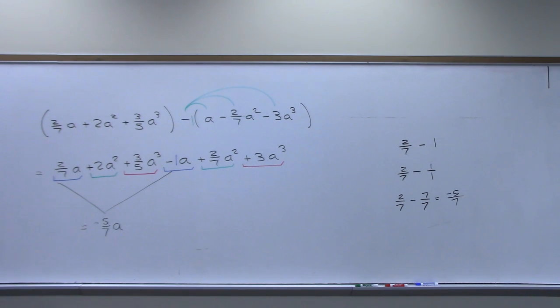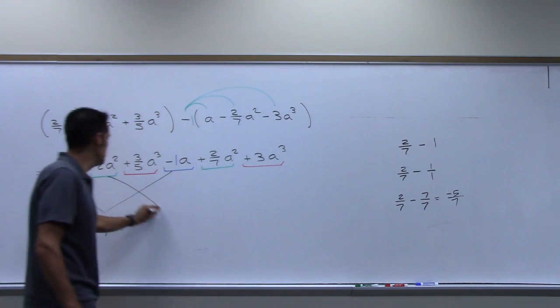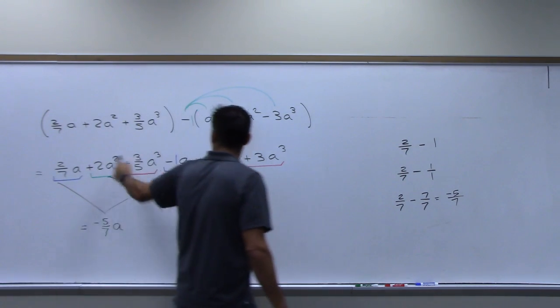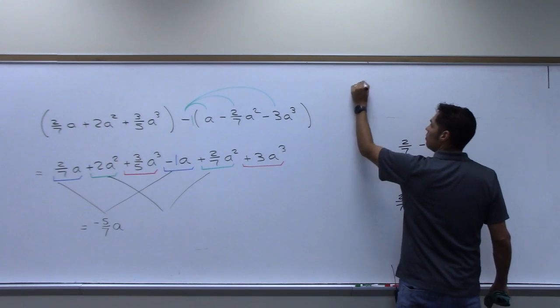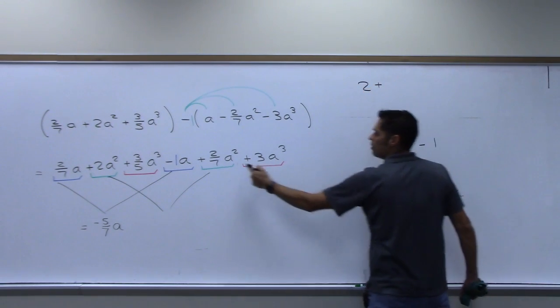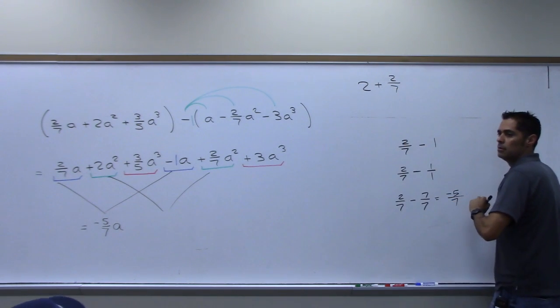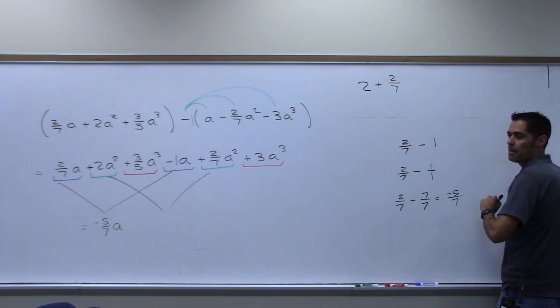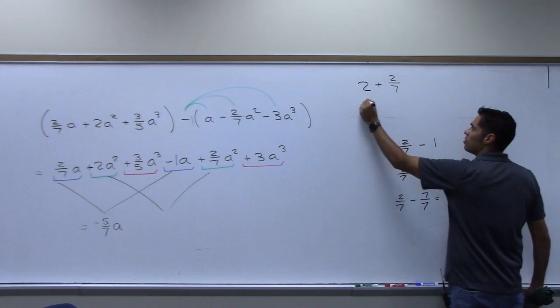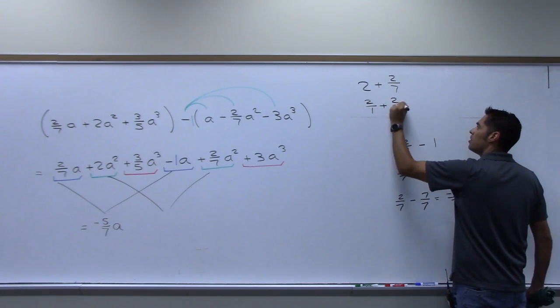Now I have to do the same thing for the green ones, right? So I'm going to take 2. What am I doing here? Add 2 plus 2/7. That's what I need to do. Which is 2/1 plus 2/7.